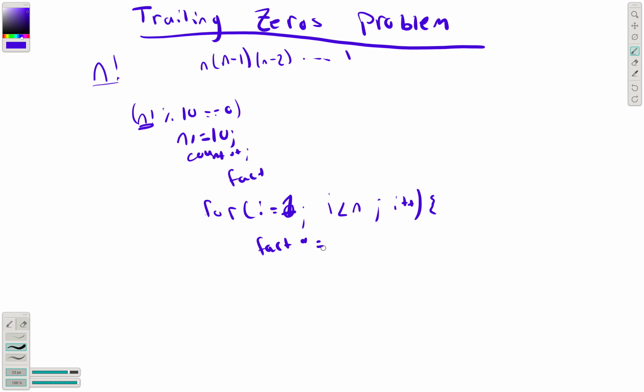Actually, hold up, I did it the other way. It starts off at n, and then while it's greater than 0, I minus minus. I multiplied it by n, and then I did this thing, and I thought that would reduce it enough. I thought it would take off all the zeros.